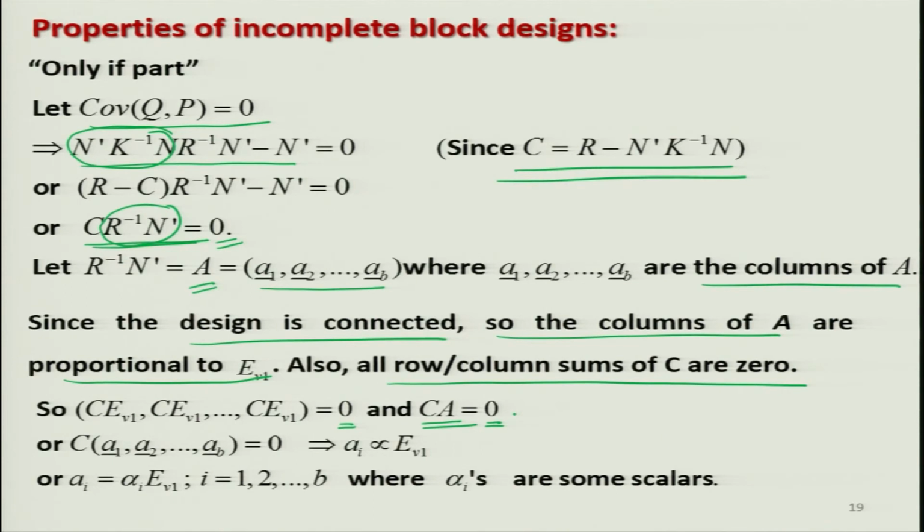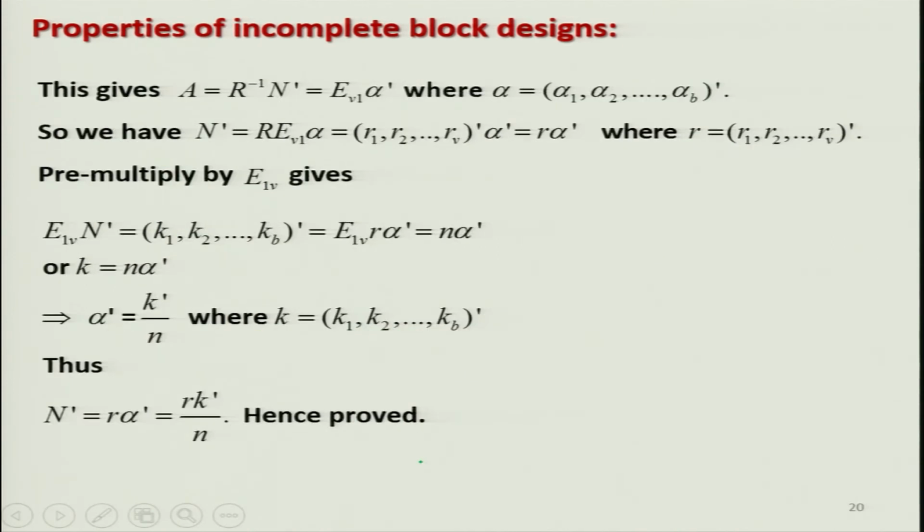So, if you try to see here, I can write down C times the column vectors of A is equal to null matrix, or I can write that this AI is simply proportional to EV1, where AI is equal to some alpha I EV1, where alpha i's are some scalar constants.